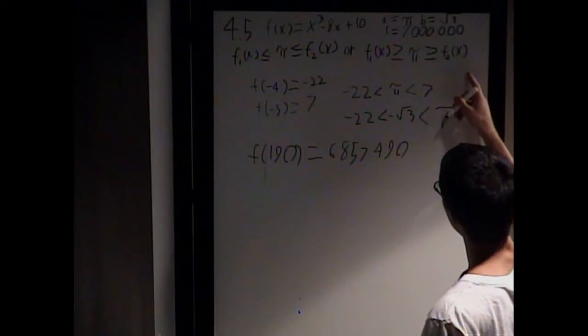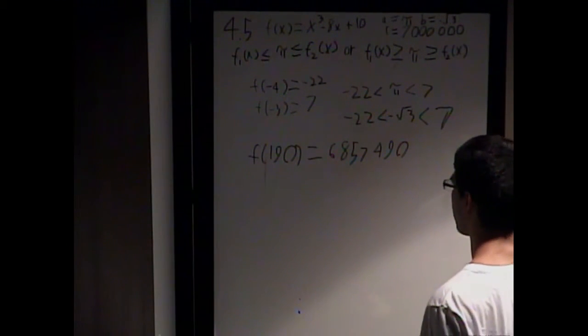Now this is less than 7 million, so we have a value that's less than 7 million.